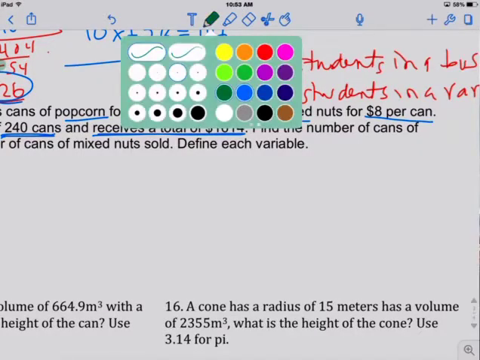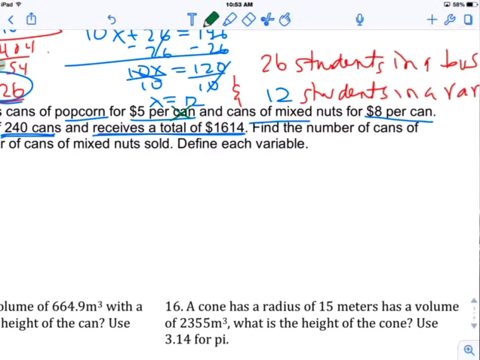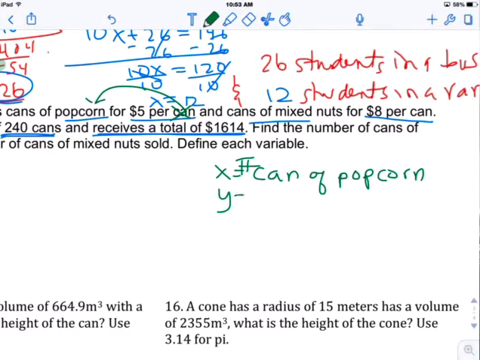Let's make X be the number of cans of popcorn, Y be the number of cans of mixed nuts.